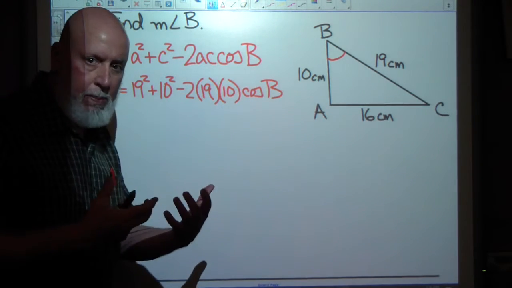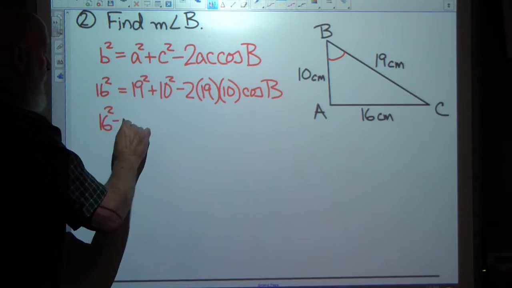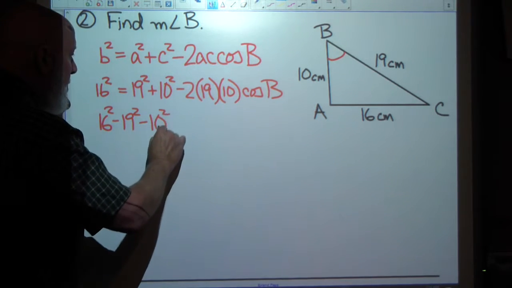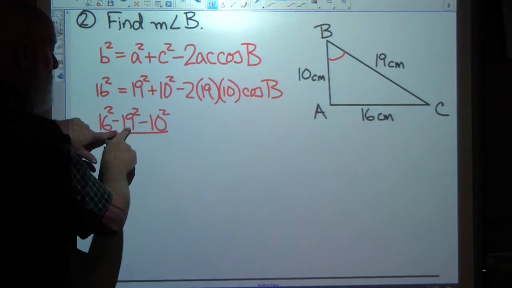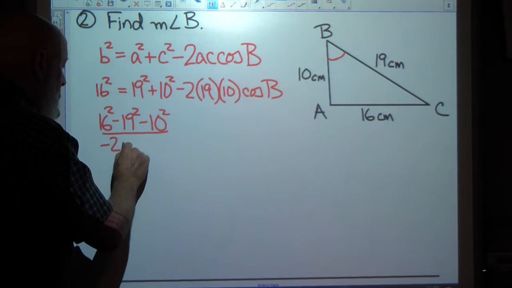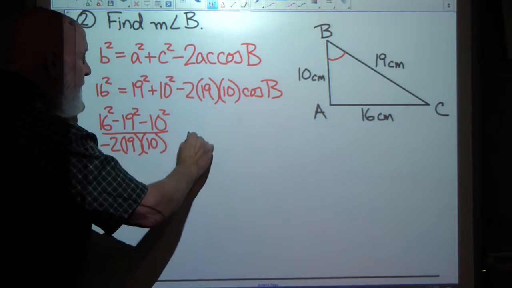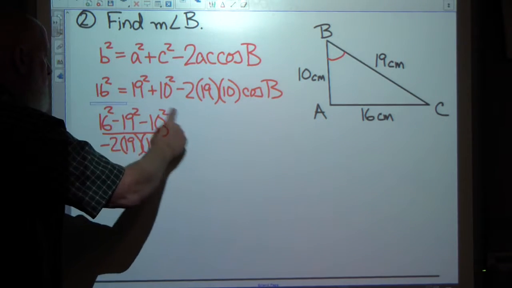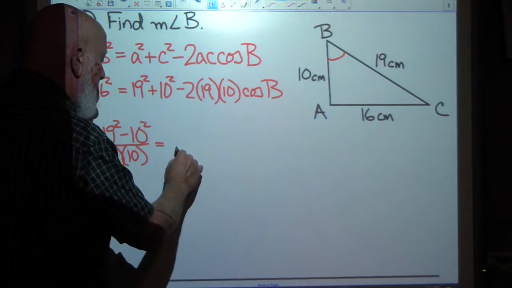You don't actually have to show this part, you can do it with your calculator, but what I would enter into my calculator is 16 squared minus 19 squared minus 10 squared divided by, and I'm isolating cosine B, so I've gotten rid of these, divided by this mess right here, divided by negative 2 times 19 times 10. This will equal the cosine of B.